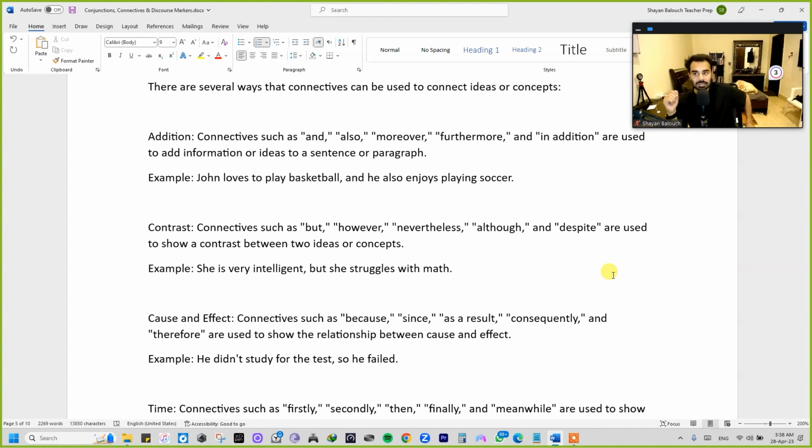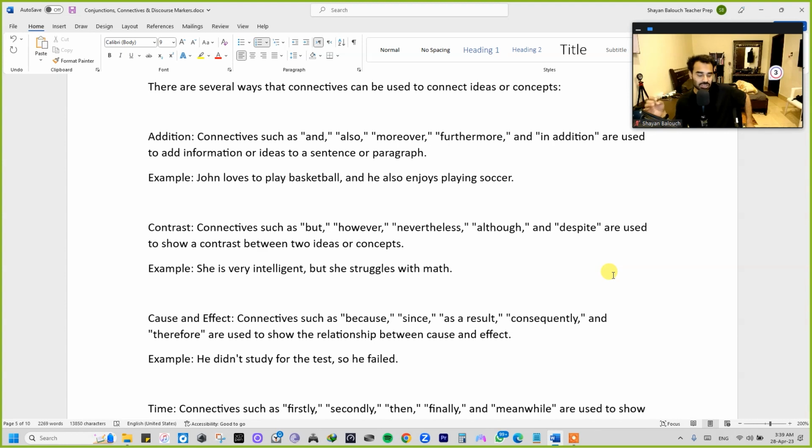Because in English, the more words you know, the better you can speak and write. When it comes to creative writing, you will have a variety of vocabulary in your mind that you can use in a very intelligent way to sound better and write more professionally. So that's something I wanted to share with you.